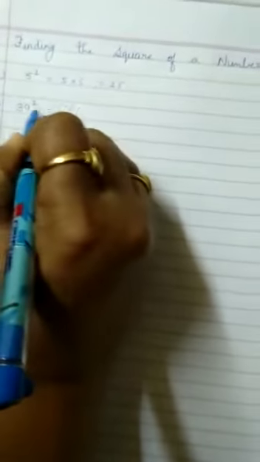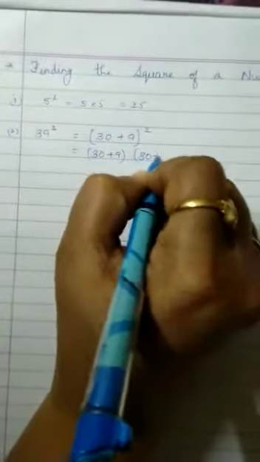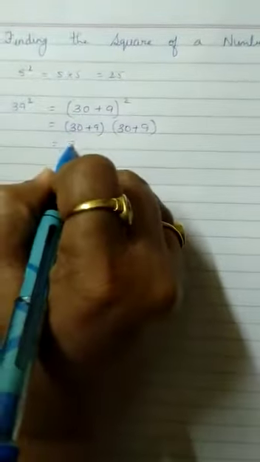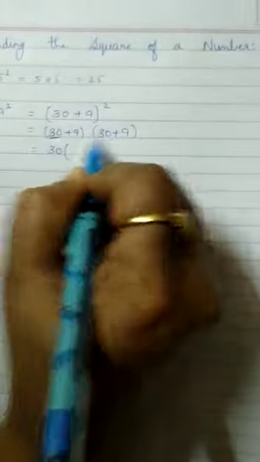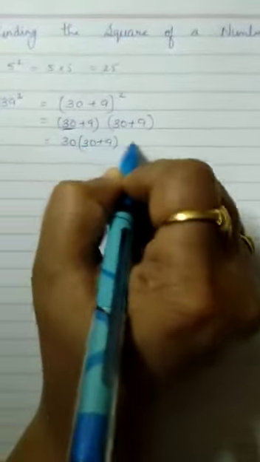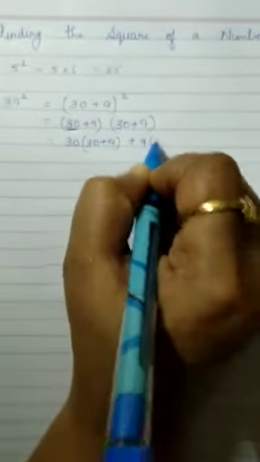You can write 39 as 30 plus 9 the whole square, and when we write the whole square, it means we are multiplying the same bracket twice. Then we know how to multiply two brackets: first term into second bracket plus second term into second bracket.